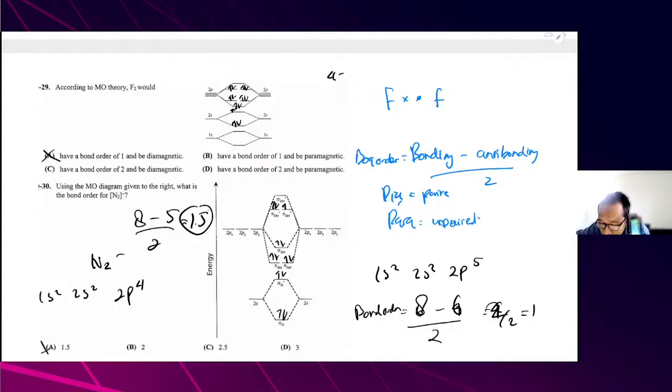What? Let's take a look in more detail. So how many electrons in bonding? 1, 2, 3, 4, 5, 6, 7, 8. Okay. 1, 2, 3, 4, 5, 6, 7, 8.